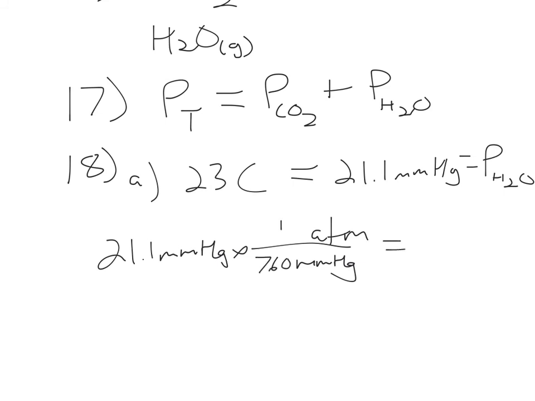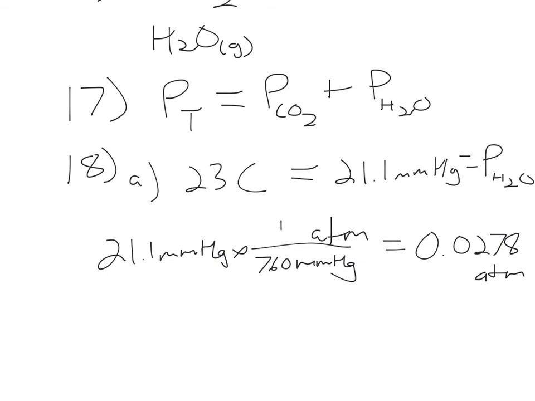So I just need to do 21.1 and divide it by 760. So, calculator time, 21.1 divided by 760 equals, not much, 0.0278 atmospheres of water vapor. Very little.